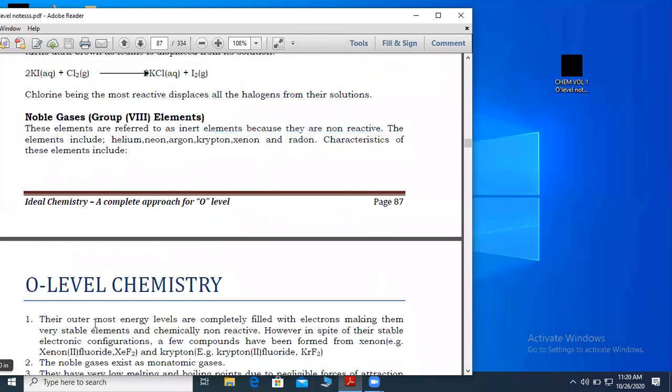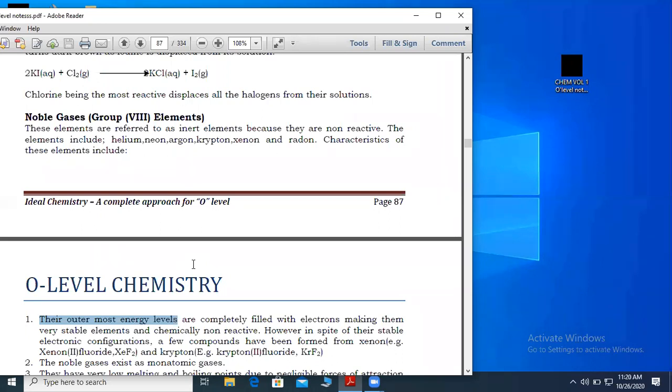Their outermost energy levels. You see, in an atom, what reacts is an electron. The electron that is always isolated, that is not paired, in the outermost energy level, is the one that causes the reaction. And the reaction happens when that electron is lost, for metals, or when an atom gains an electron.